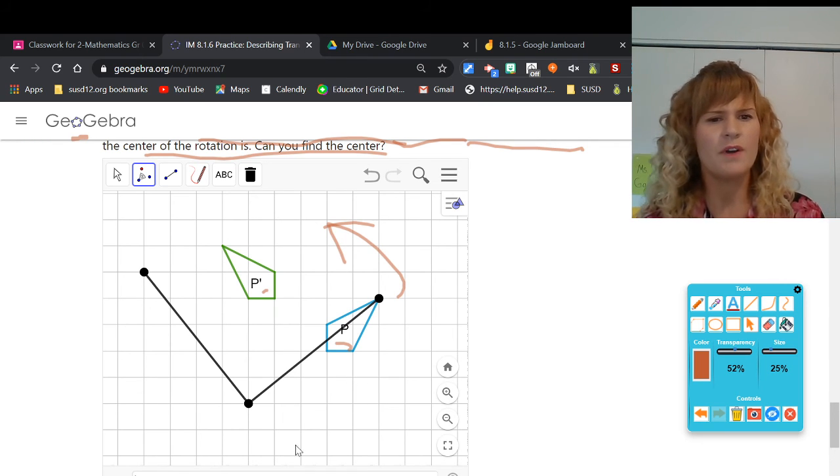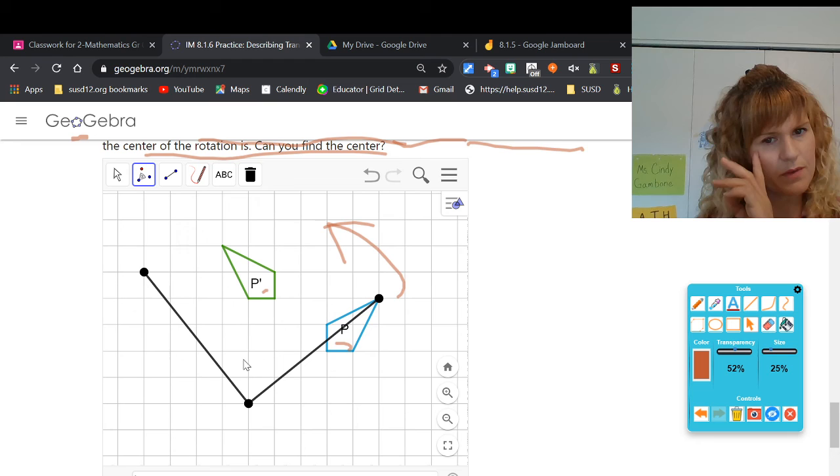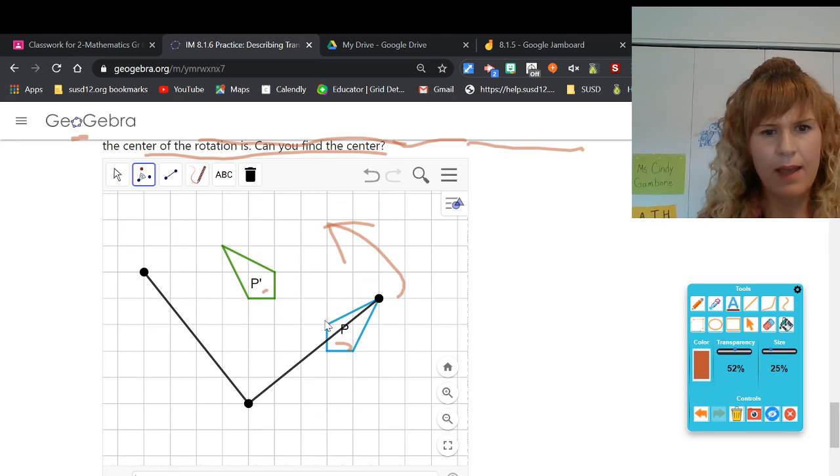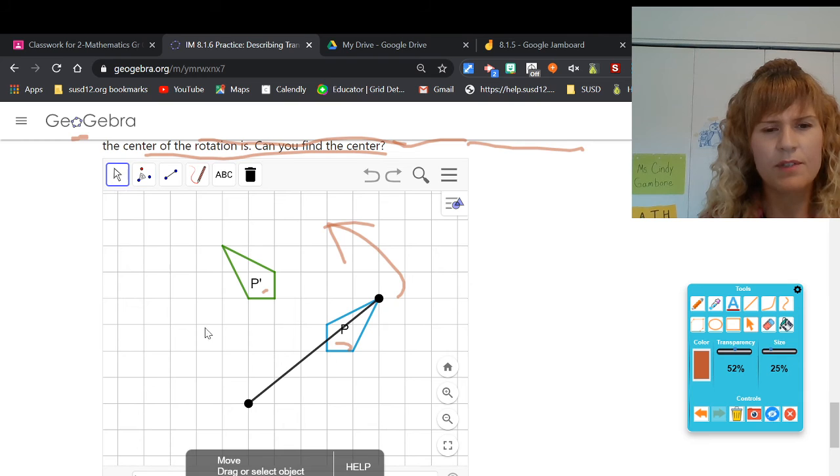Oh, that's too far. That is not my center of rotation. Okay, what about... let me get rid of that. How about if we move the center here? I have to click the move tool. That was why it wasn't moving. Okay, let's try the center here.